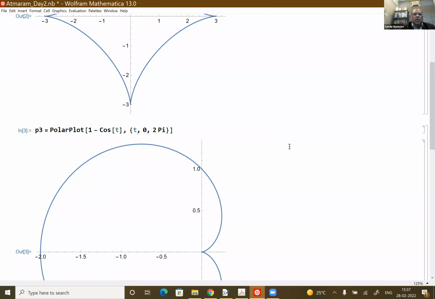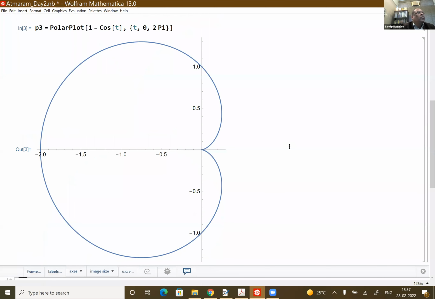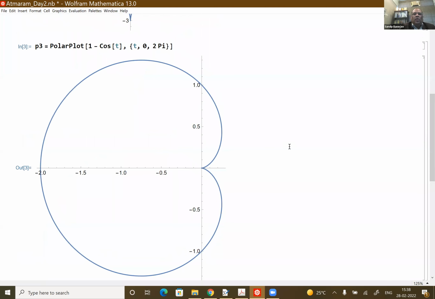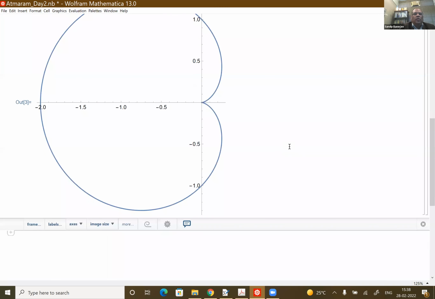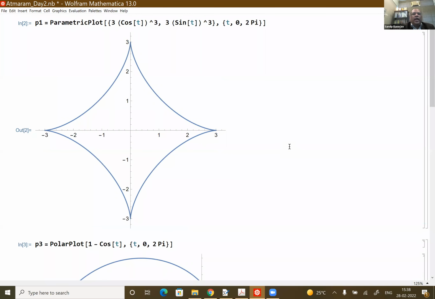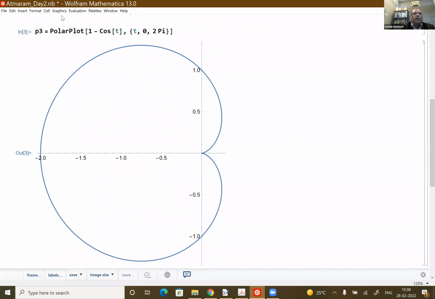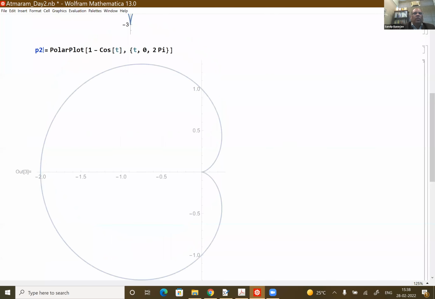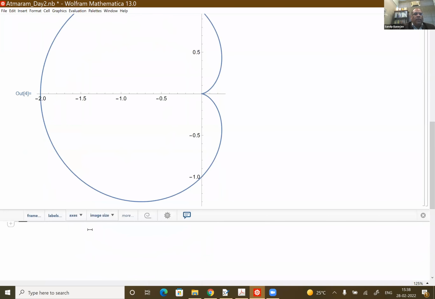So this is a cardioid. If you want them side by side, this P2, you have to give show.